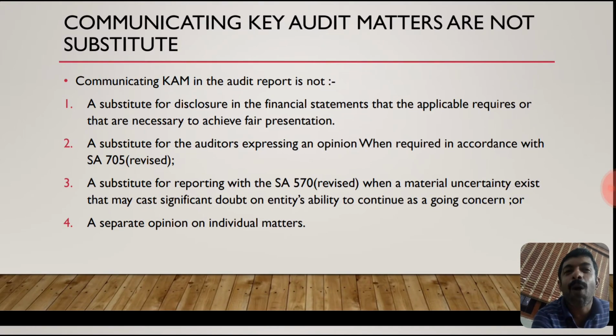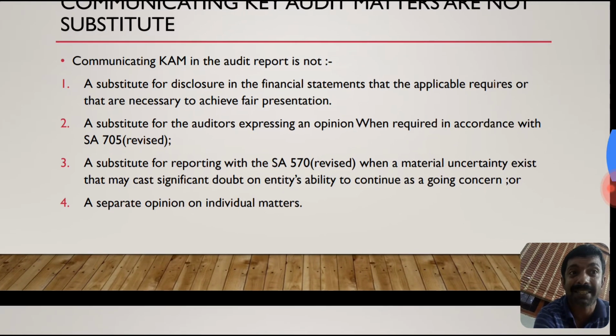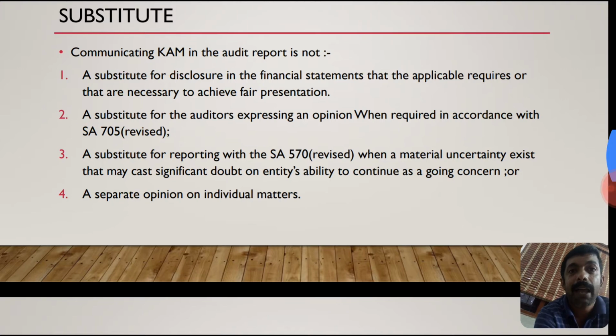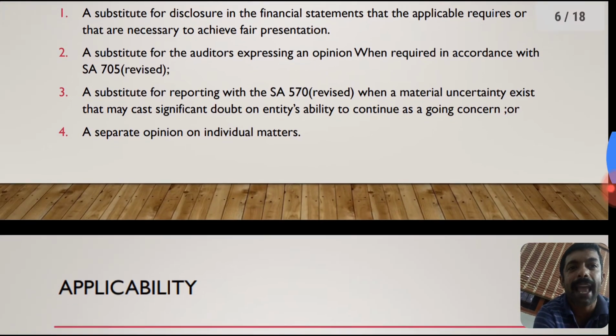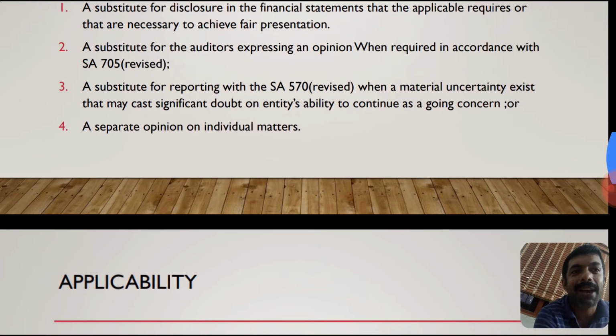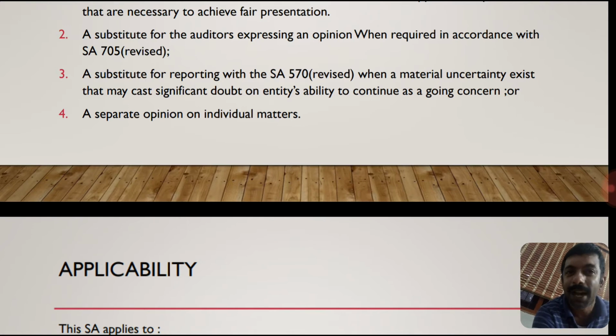Key audit matters are not a substitute for disclosures in the financial statements as required by the applicable FRF. They are not a substitute for expressing a modified opinion when required by the auditor in accordance with SA 705.